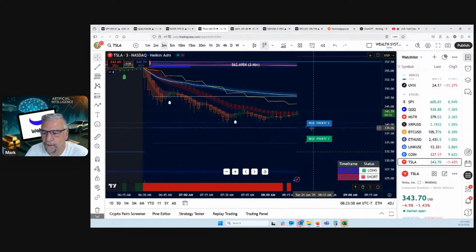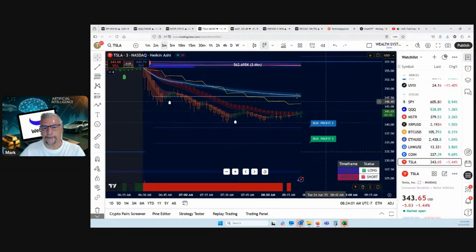But we'll still have to pass through the 339. But if it decides to break through, then we could be coming all the way back to 356. So we can see we got some green dots forming.